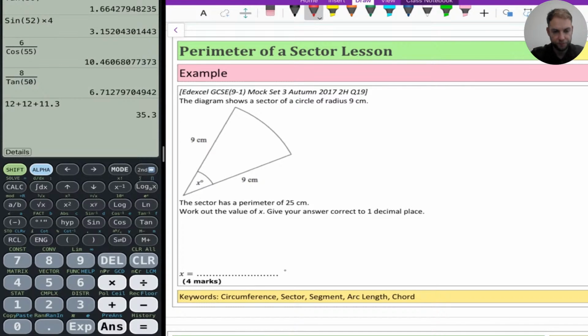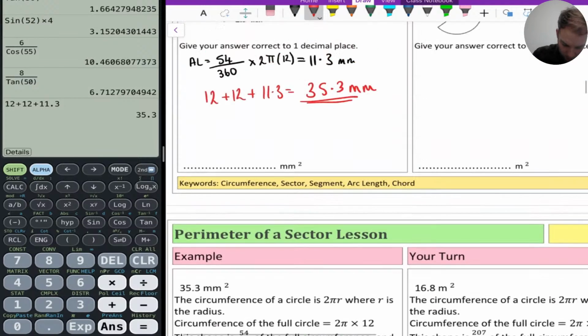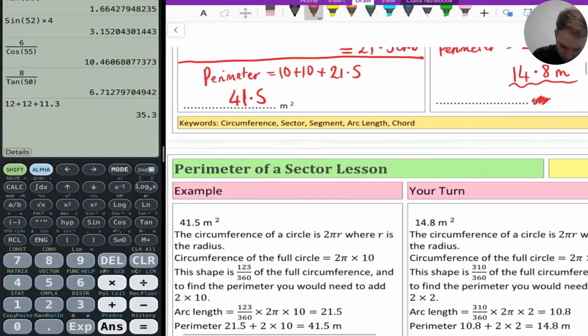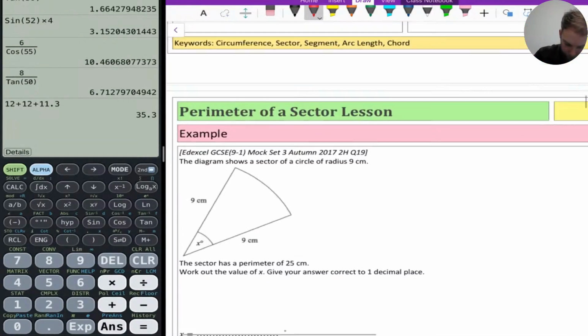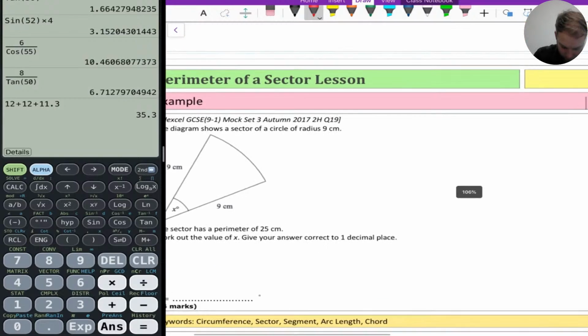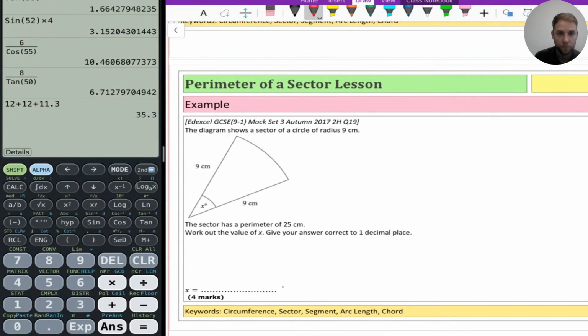Alright, so let's have a go at this one then. This one here is example 4.